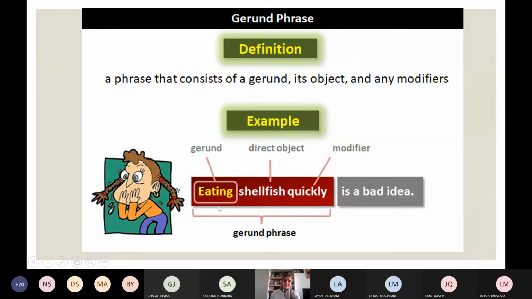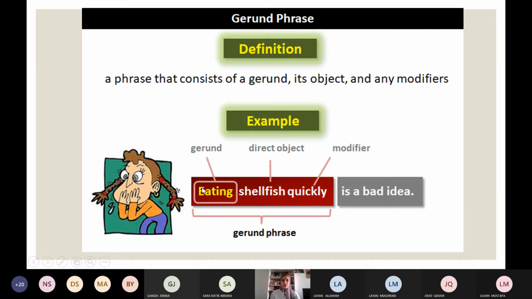Because when I say eating, eating what? Why, teacher? You said it's a noun. Yes, but it's a noun that wears a dress of verb, so it has to take an object. Eating jelly, eating shellfish. Direct object to the gerund.